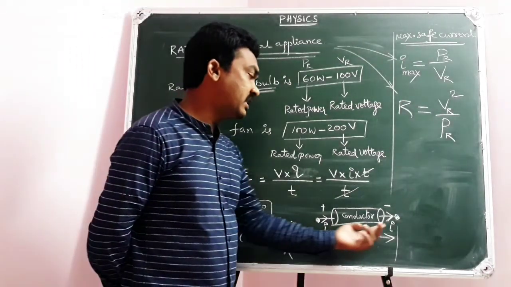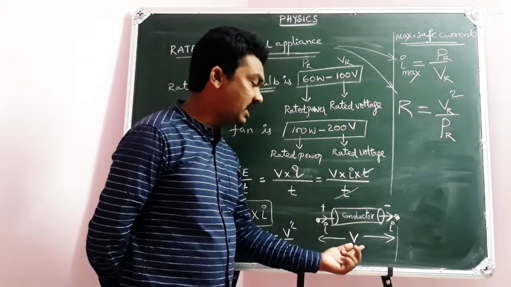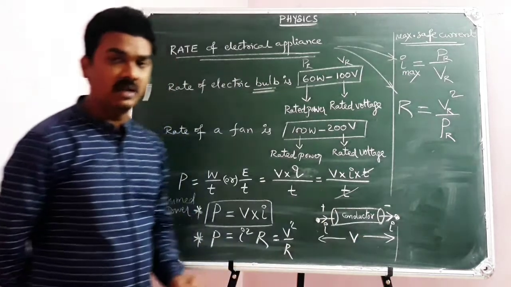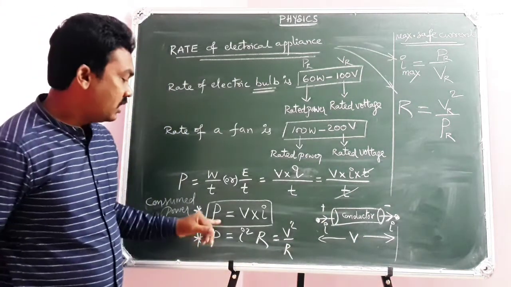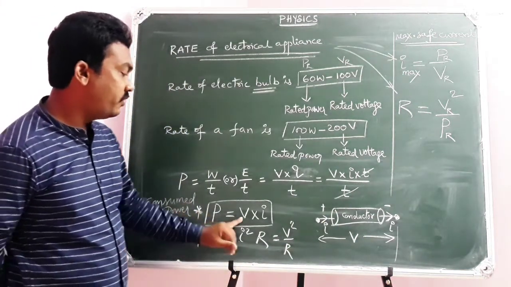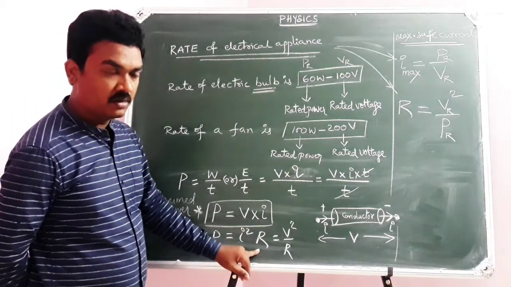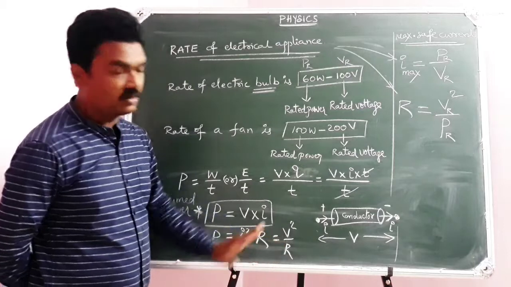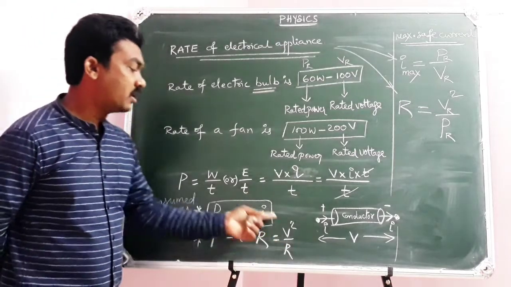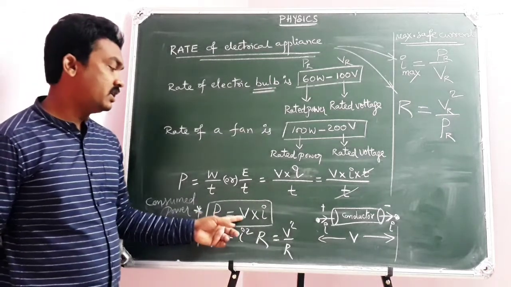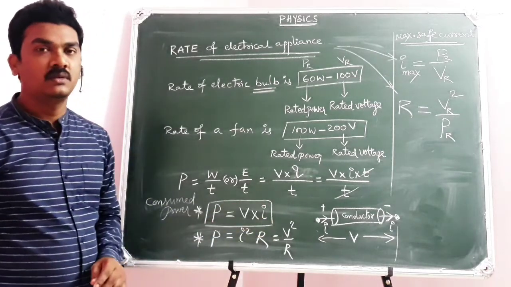So take the potential difference across your appliance in the electric circuit. Note down the current passing through the electrical appliance in the electric circuit. Then power consumed P equal to V into I or I square into R or V square by R. These are all the formulas for consumed power at a given voltage and at a given current.